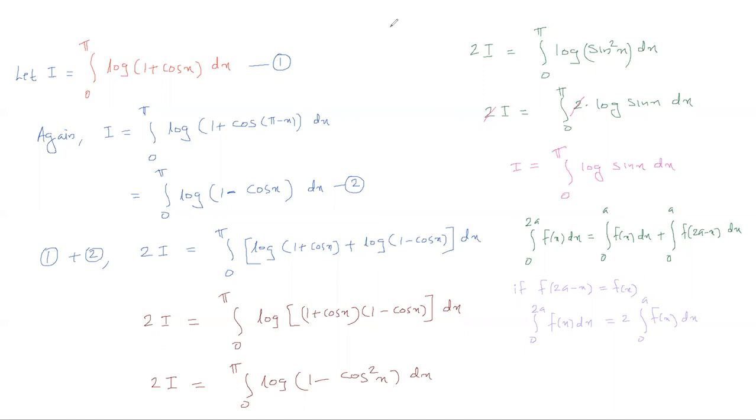If you are getting f of 2a minus x equal to minus f of x, this value will become 0, because it will become integral 0 to a f of x dx minus integral 0 to a f of x dx, which is 0.